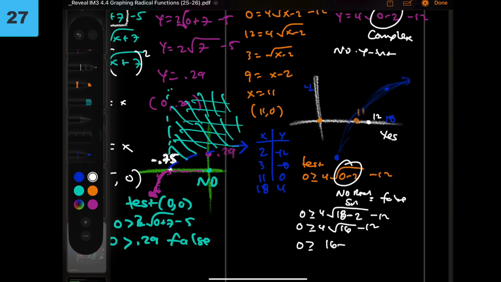So 4 times 4 is 16, 16 minus 12 is 4, and 0 is not bigger than 4. This would be false. So this is no. This is no.